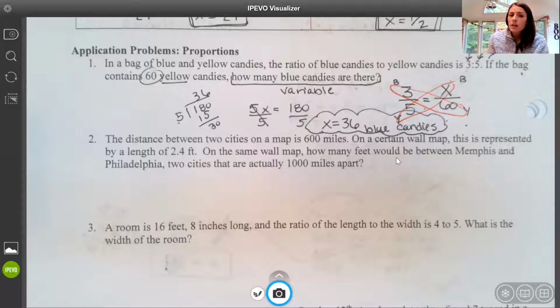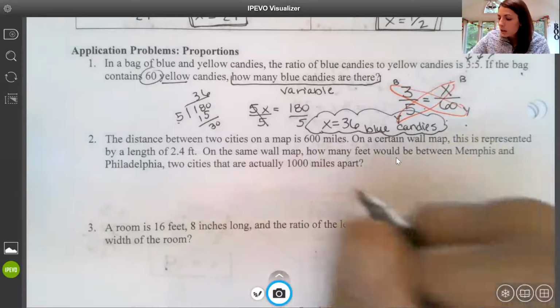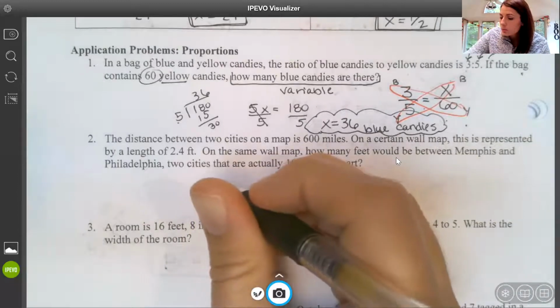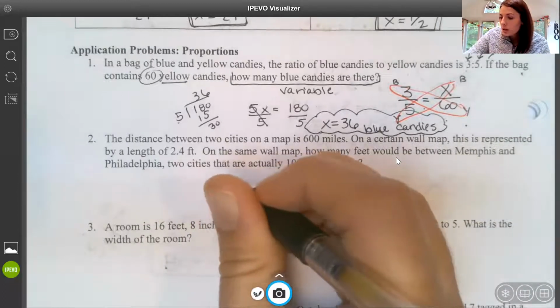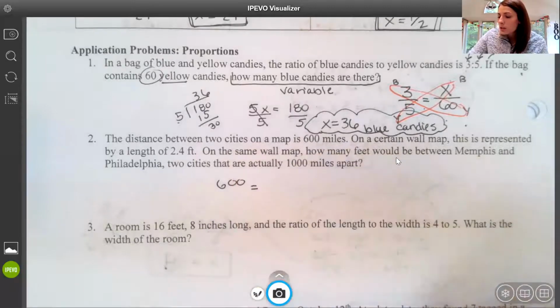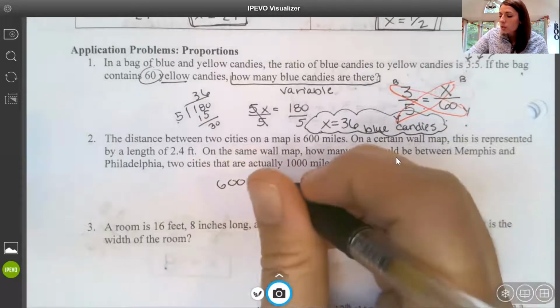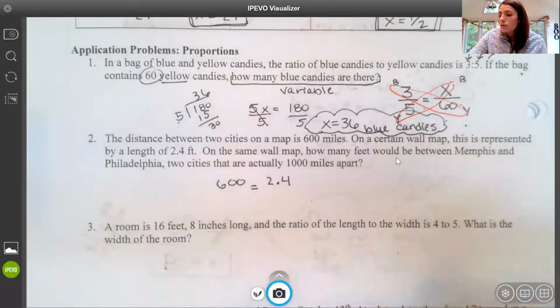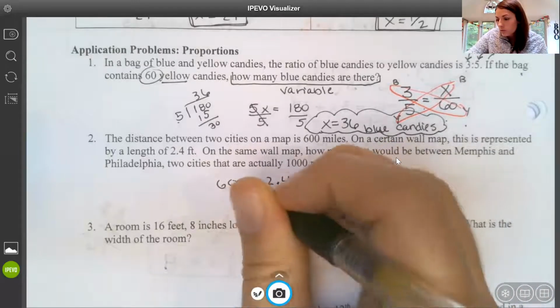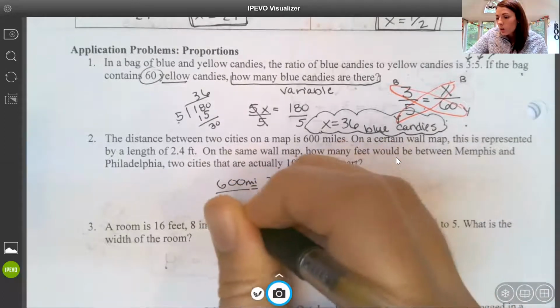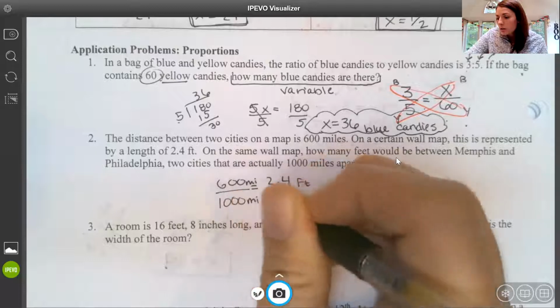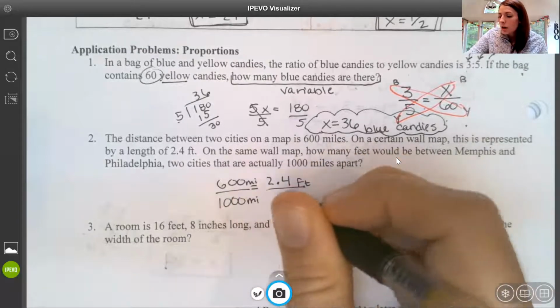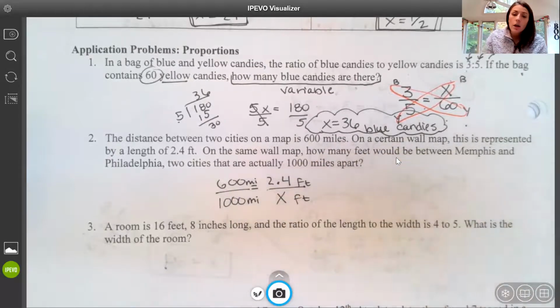So I can either set it up going from the first city, so saying, okay, in my mind, I would want to do this. 600 miles is represented by 2.4 feet. So then 1,000 miles would be represented by how many feet on the map.